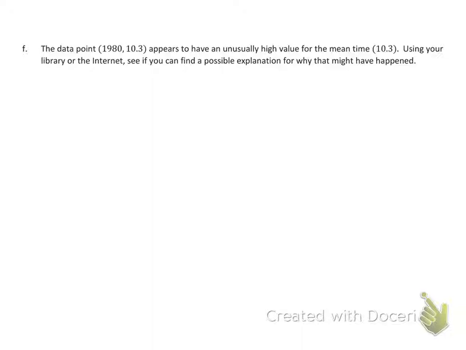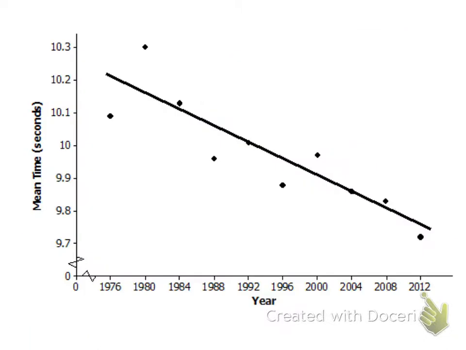Okay, and I'm not going to tell you, but let's go back and look at the data. We'll look at our plot here. Here's 1980. That is one point that would really throw the data off. Seems really high. So the runners were slower this year, right?